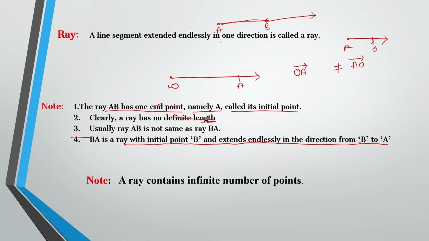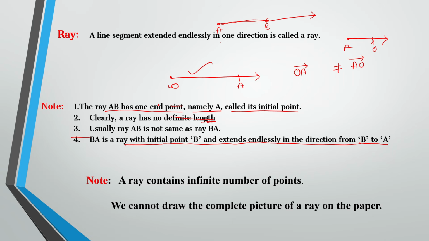If you see this OA ray, it is not extending, it is stopping there. But if it extends endlessly, then it becomes a ray. So OA ray is just a representation only. We cannot draw the complete picture of a ray on a paper, we can only represent it. That you need to notice.